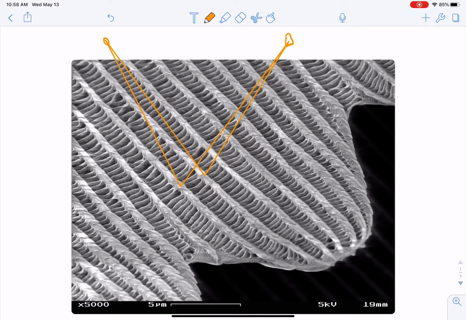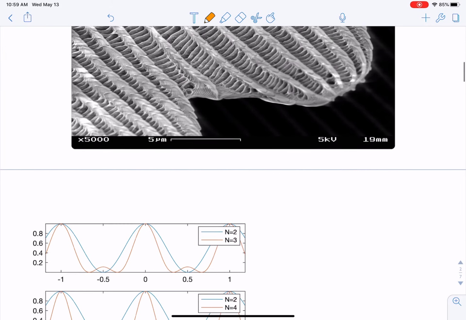But there's not just 2 paths in this case. There could be multiple paths depending on how many of these ridges the light strikes. You could have many, there might be 100. Now we didn't do the math for that, but I can show you the results.